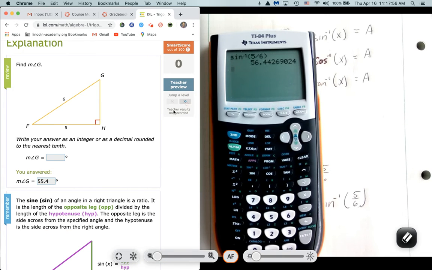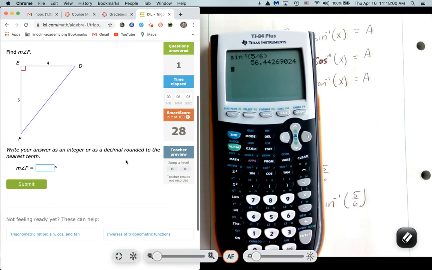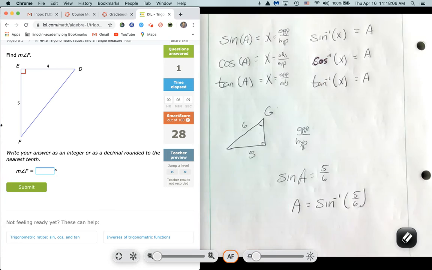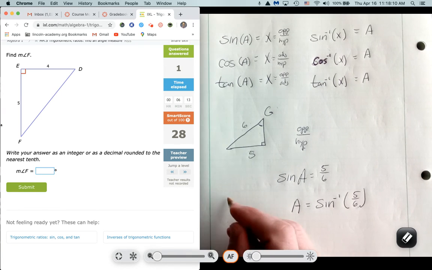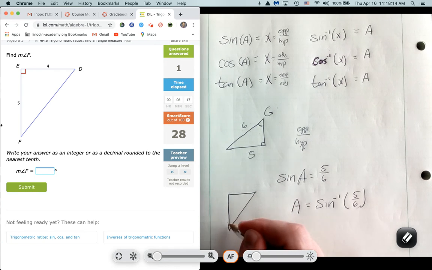Let's do another one. Okay, so again, here we have, it's asking for the measure of angle F. Angle F is down here. So again, I would recommend you have a piece of paper, and I'm going to draw that triangle and label F. I'm looking for this angle measure, and what sides do I have?